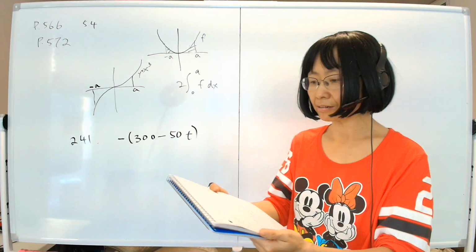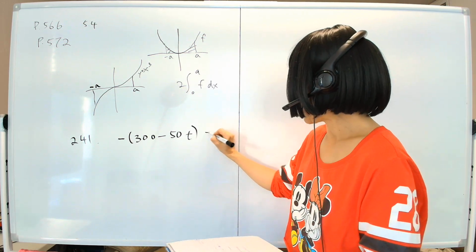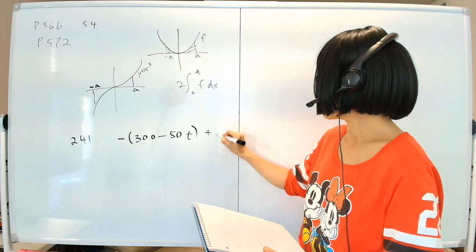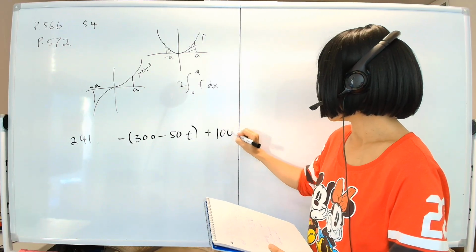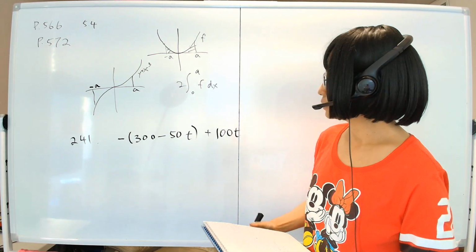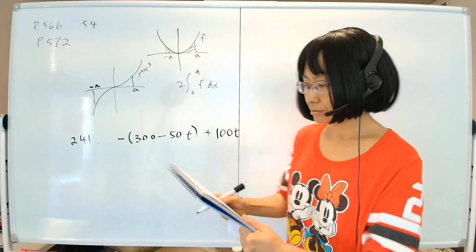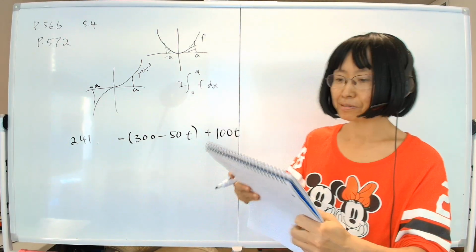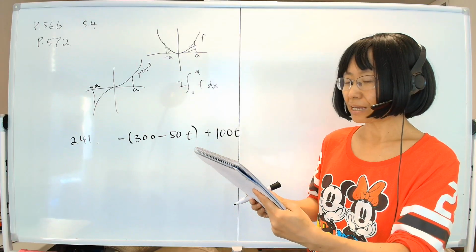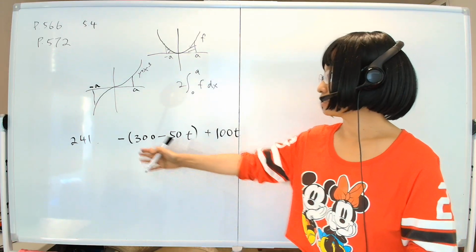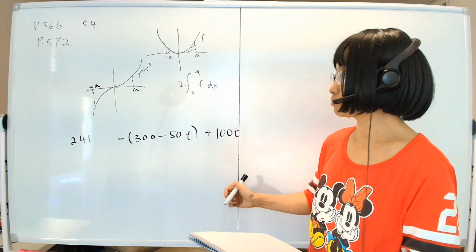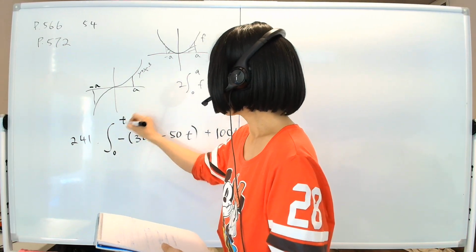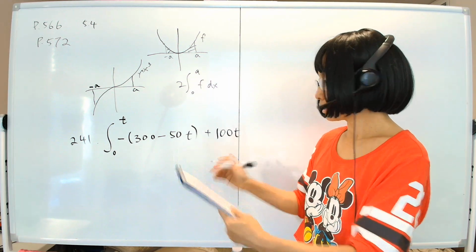She's burning calories on the treadmill, and then she's adding to her calorie intake by drinking Gatorade, which is adding 100t. Her drinking of the Gatorade, well, we don't care. The point is that's what's happening. Then we have to calculate the total result after 3 hours. So we are going to integrate from 0 to 3, the first 3 hours, dt.